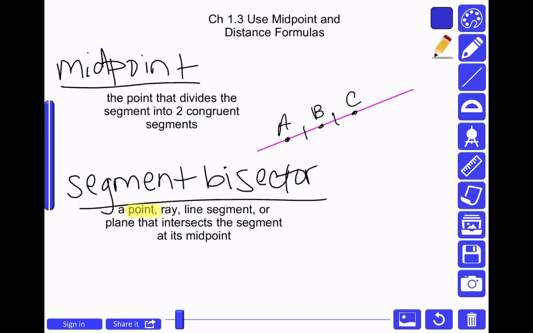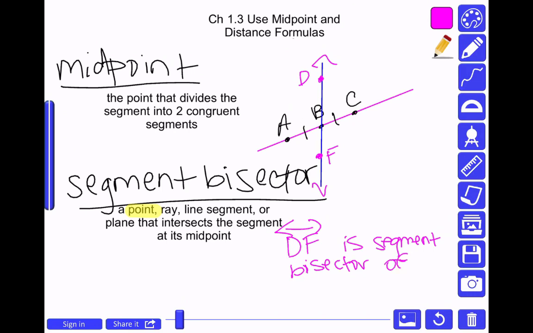More often than not, you're going to see the segment bisector as something like this, where you have a line or a ray or a segment that goes through the midpoint, that intersects the midpoint. So I could put a point here and call that D and call this F. So then I would say line DF, assuming there are arrows here, line DF is the segment bisector of segment AC.